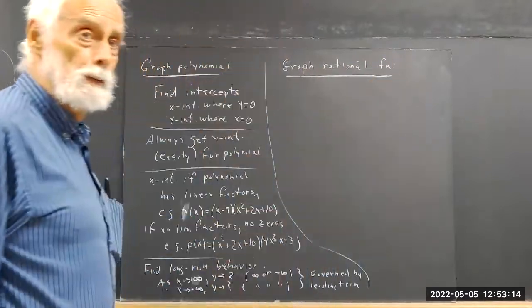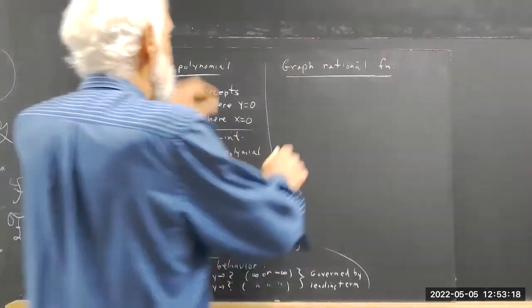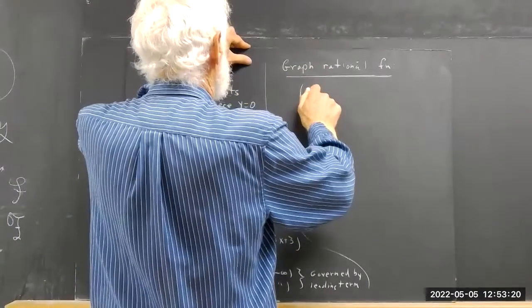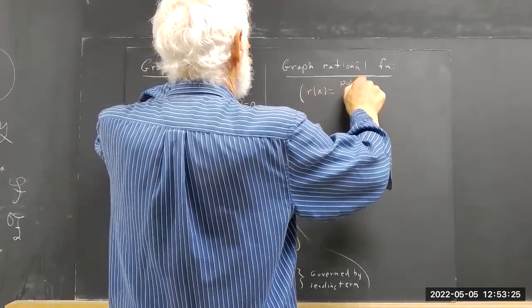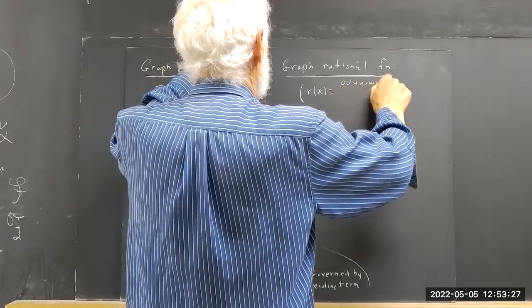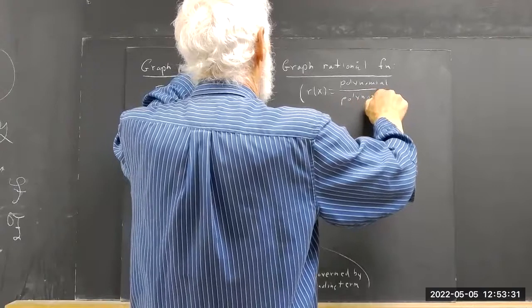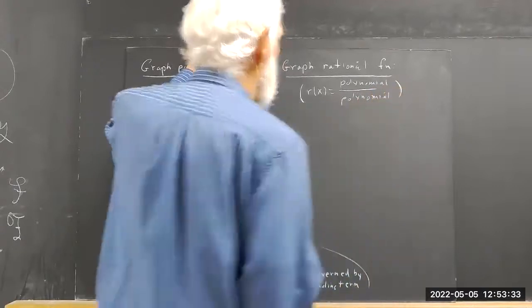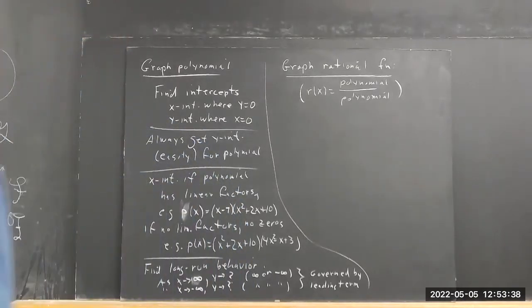Graph a rational function, we've got a polynomial over a polynomial. A polynomial over a polynomial. What do you do?